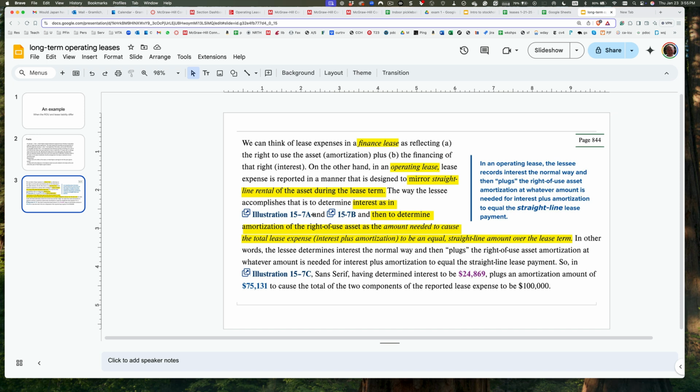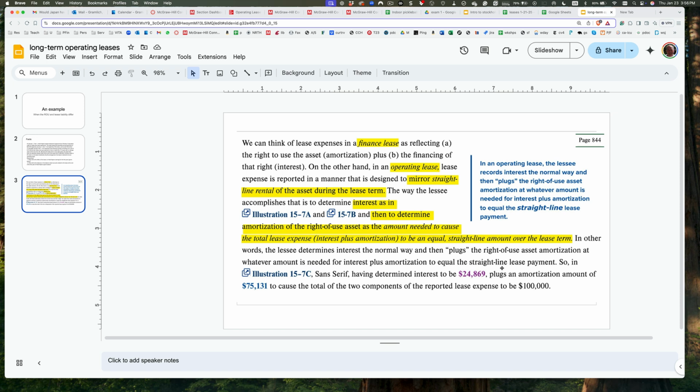The way the lessee accomplishes that is to follow determined interest using the amortization method, or the amortization table, and then to determine amortization of the right of use asset as the amount needed to cause the total lease expense, that is interest plus amortization, to be an equal straight line amount over the lease term. In other words, the lessee determines interest the normal way and then plugs the right of use asset amortization, whatever amount is needed for interest plus amortization to equal the straight line lease payment.